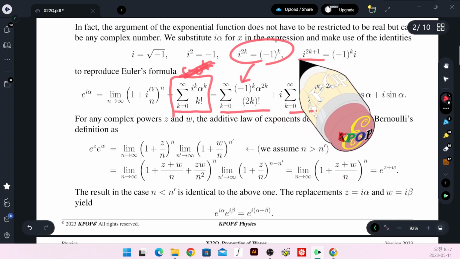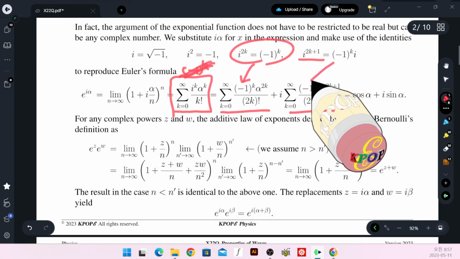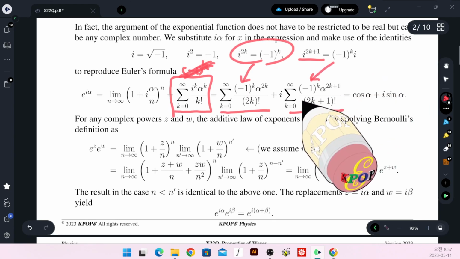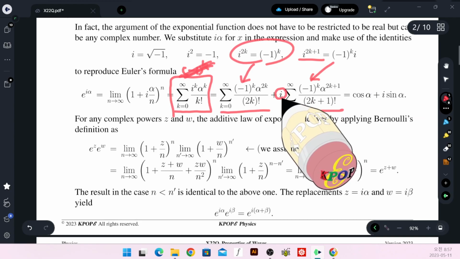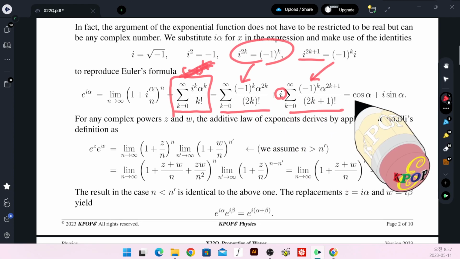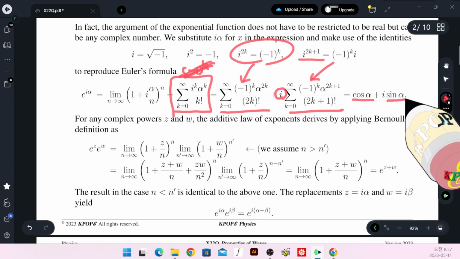In here, this one is applied to express, I factor this pure imaginary number i out to find that it is cosine plus i sine.